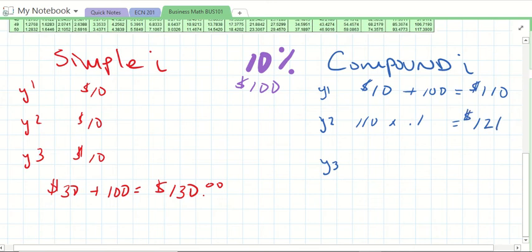Okay? And then in year 3, we're not looking at 10% of 100. We're not looking at 10% of 110. Now we're looking at 10% of 121. And that gives us $133.10.